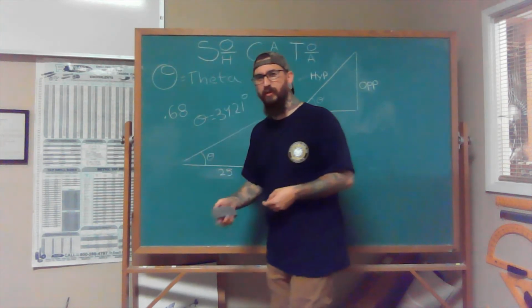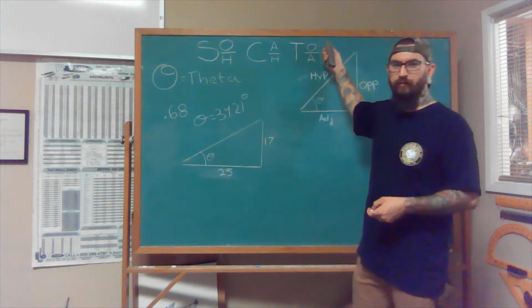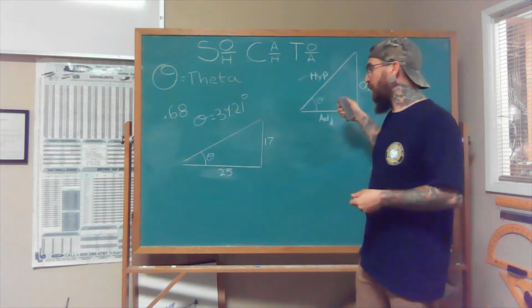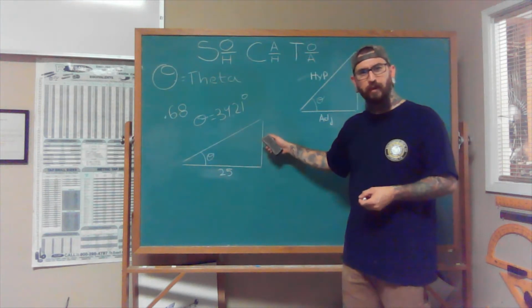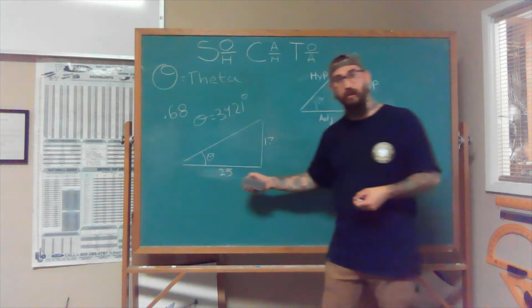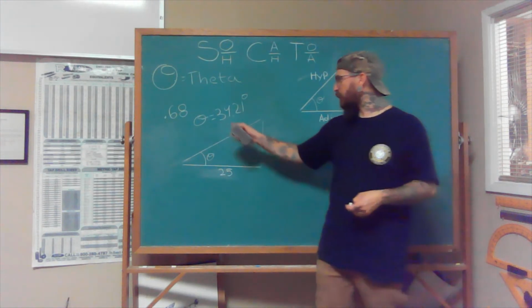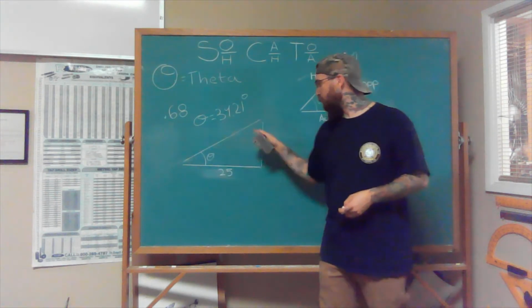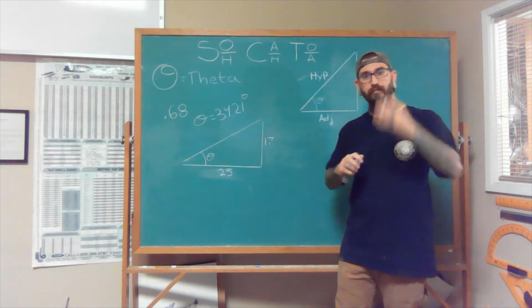We can use it as almost an algebra problem. Because if we know that the opposite divided by the adjacent is 0.68, and we were missing one leg, if we were missing the dimension on 17, let's say we knew we had a base that was 25 inches, 2 foot 1 inch, what have you, and we wanted to make a 34.21 degree angle, how far up would we have to come to have that dimension accomplished?